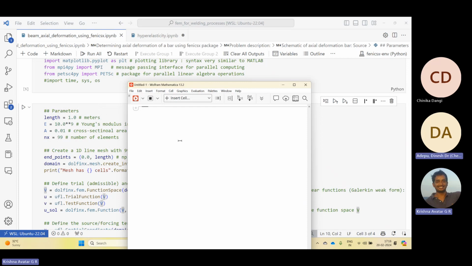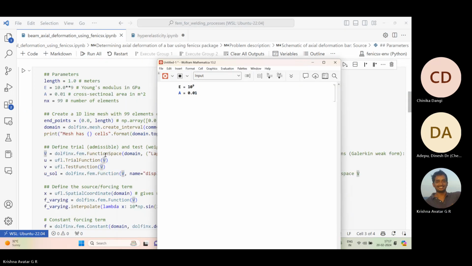Before that, we just have to say E is equal to 10 to the power 9, isn't it? And then A is equal to 0.01, and then we'll have F varying.